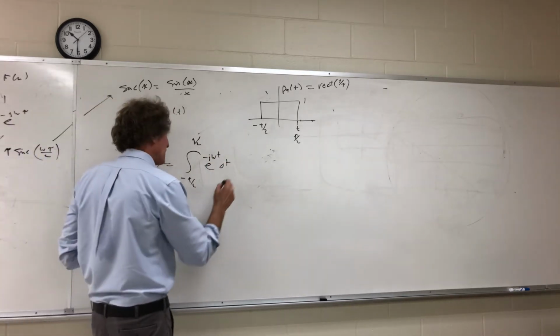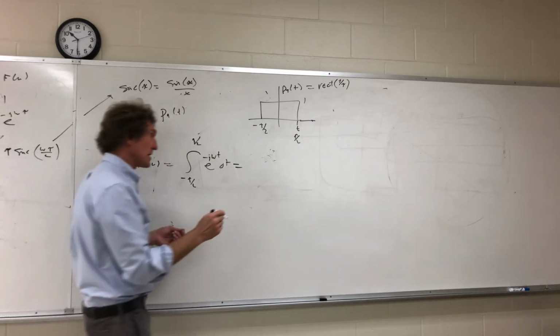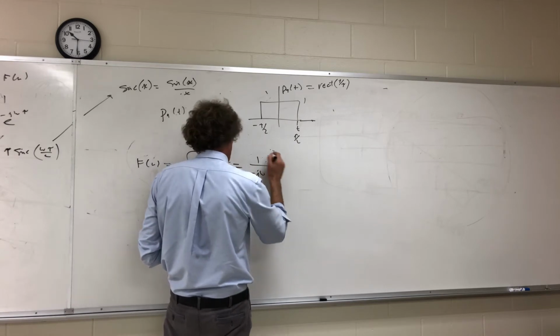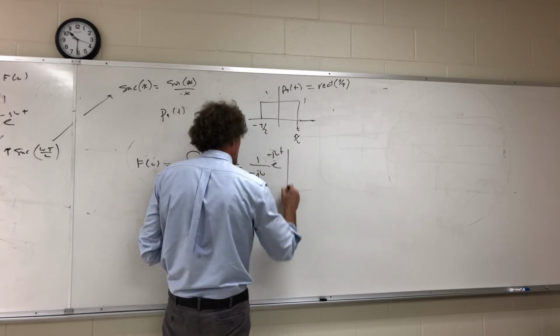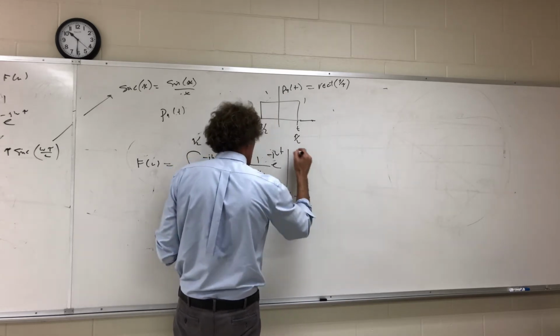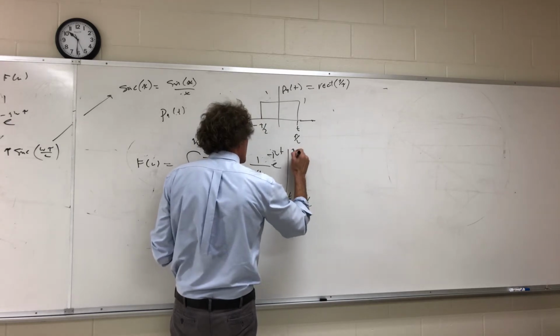So then what happens? I'll get out of your way, but you can see when I integrate this, I get 1 over minus j omega times e to the minus j omega t, where t is evaluated from minus tau over 2 to tau over 2, correct, class?